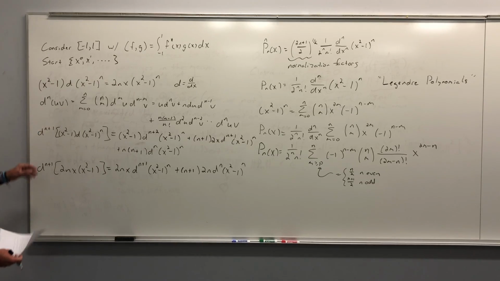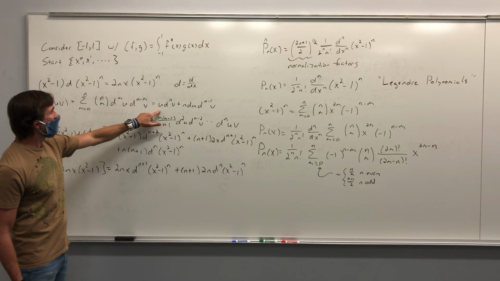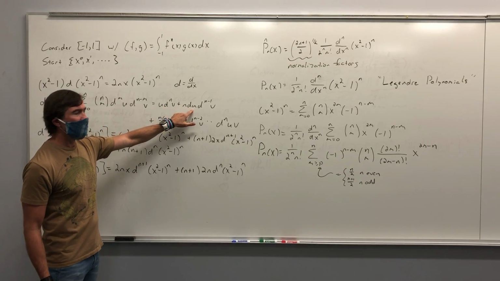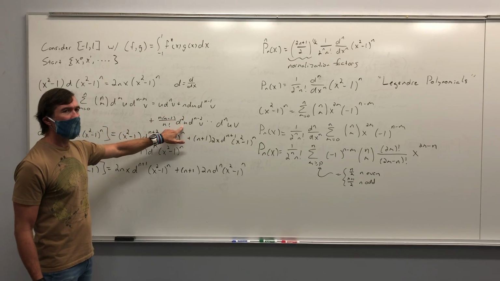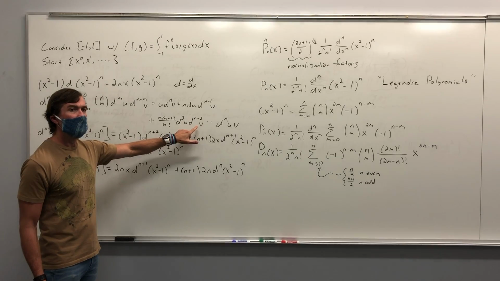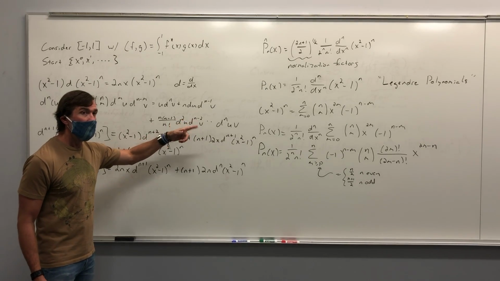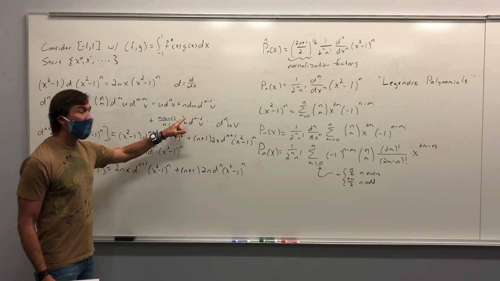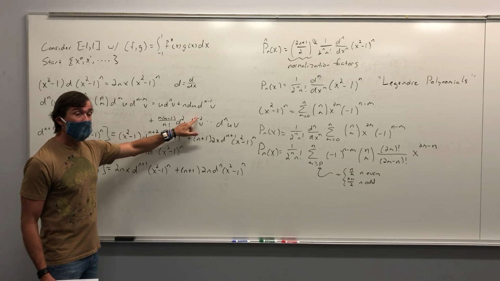Well, let me think. D^n of uv. Oh, wait a minute. I get a u term, I get a derivative of u term, I get a second derivative of u term, I get a third derivative.